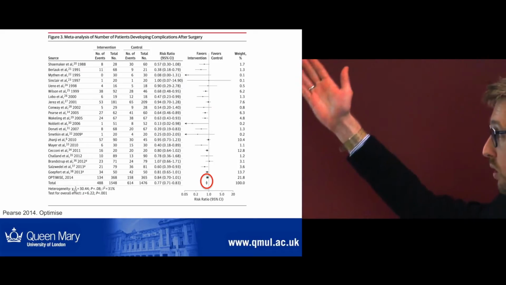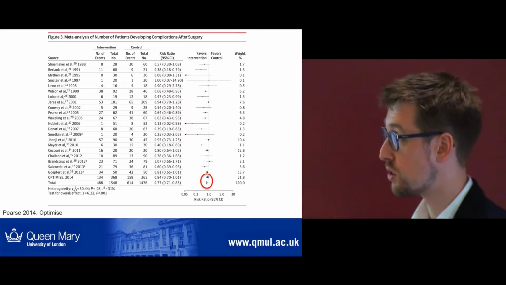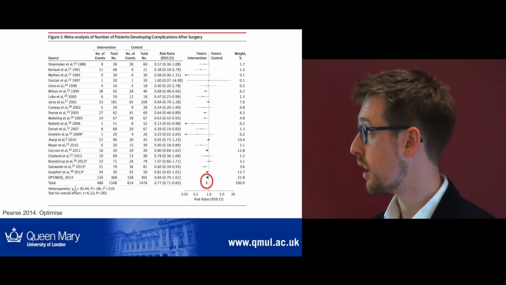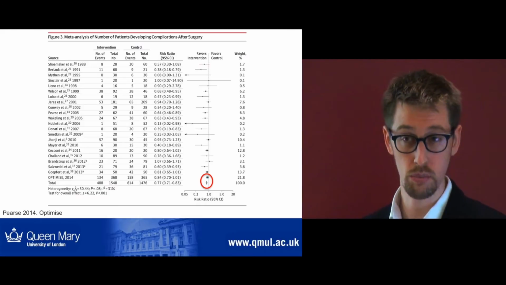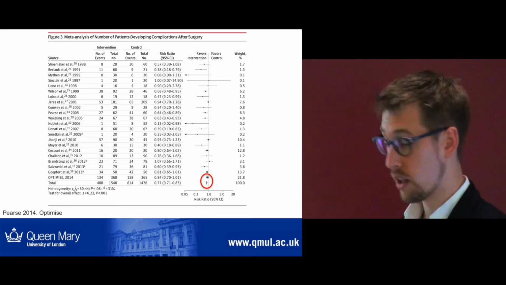So here we have all of the studies, and this is an example of a forest plot, which shows the effect size for lots of different trials, and then it aggregates that effect size to show a general effect across all of those studies.